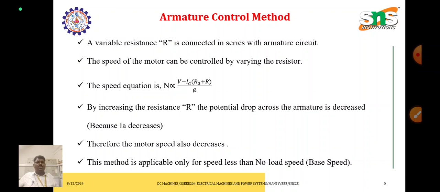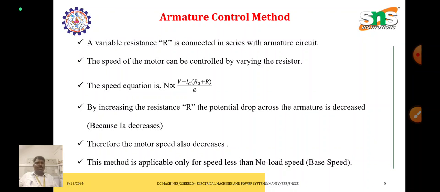According to the speed equation, the speed is directly proportional to V minus IA RA, because in addition to the armature resistance, we are adding the additional resistance. Initially the resistance is very high, so the supply voltage minus the IA armature drop is very low.